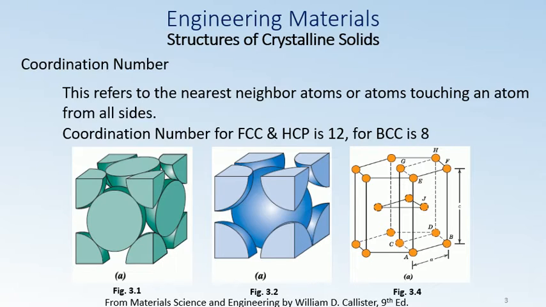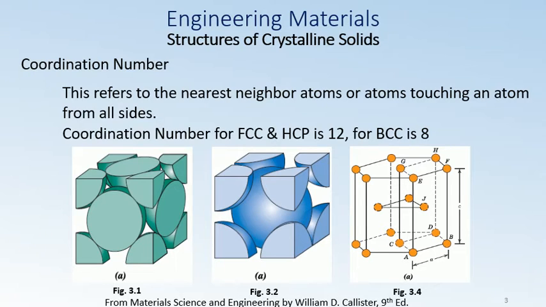If you take the central atom, you can see it is inside and it is surrounded by atoms on the corners, 4 on the upper side and 4 from the bottom side. A total of 8 atoms are in contact with the central atom in BCC. Please do this exercise for yourself, and if you have any confusion, of course we will be discussing this in our live sessions.